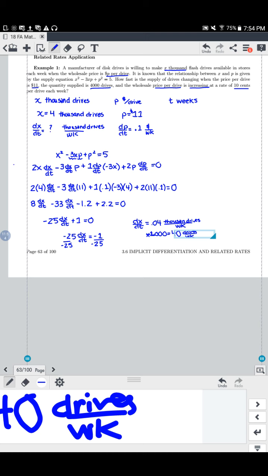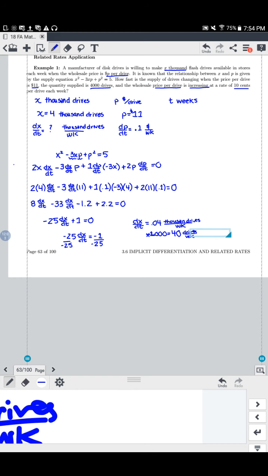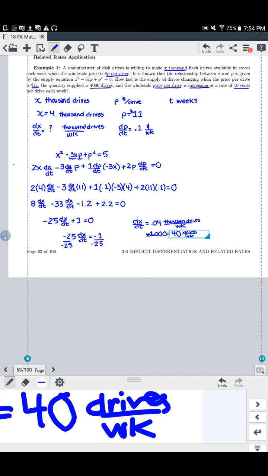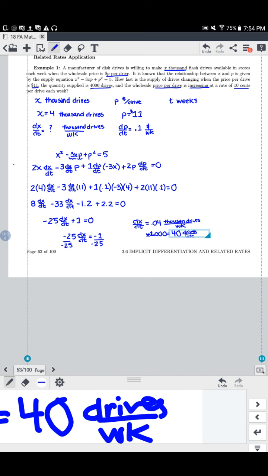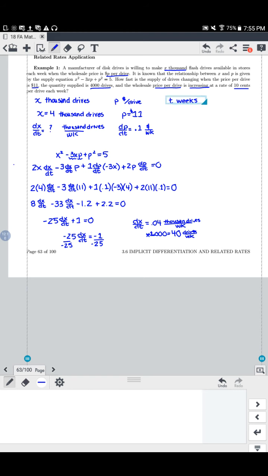So my conclusion is the demand is decreasing or increasing here. I want to say that as part of my conclusion. Well, I have a positive derivative here, so my demand must be increasing. Or in this case, we're talking about supply.